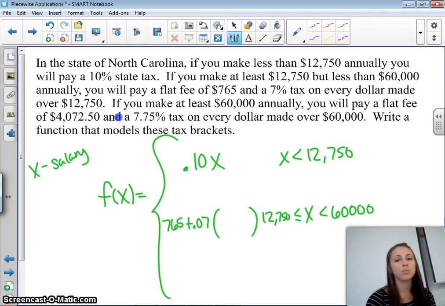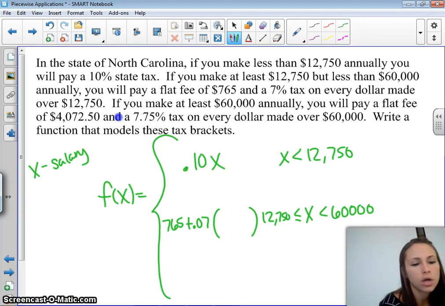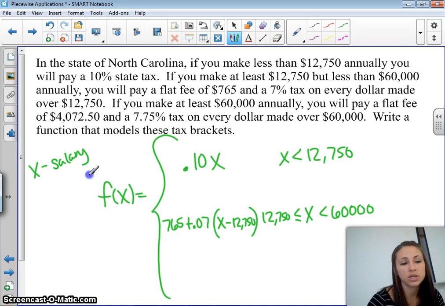So I want to find out how much more I'm making than $12,750. I would find that by taking the salary that I make and subtracting $12,750 from it, because I don't want to pay the 7% on everything I make. I just want to pay the 7% on what I make more than that. So then that would be my formula for that.